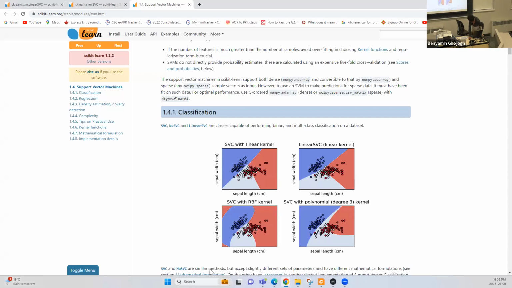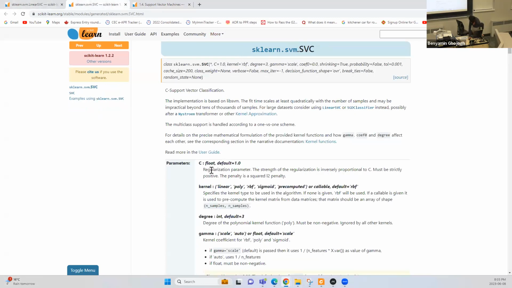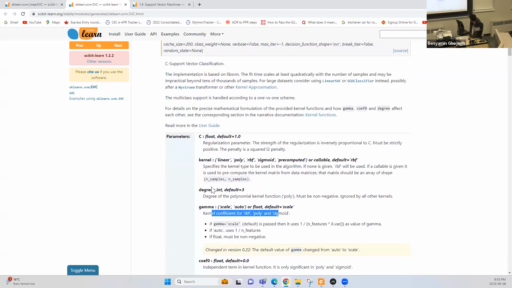Now let's go back to our slides. By the way, you can see it has its parameters too. These parameters are all of the parameters that we talked about. For example, gamma. Gamma is the parameter of the kernel. We talked about there being some parameters in the kernel. Do you remember? For example, it says the kernel coefficient for RBF or polynomial or sigmoid kernel, the degree of polynomial kernel.